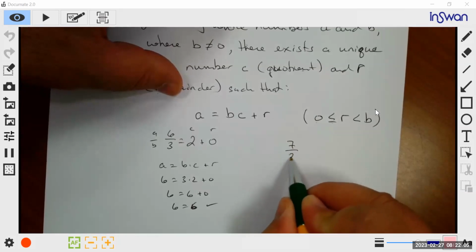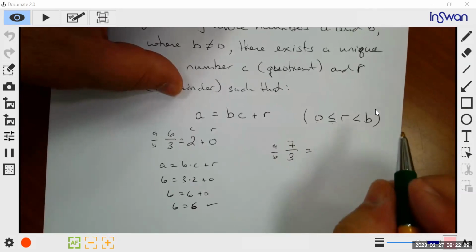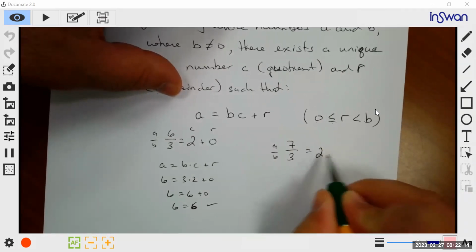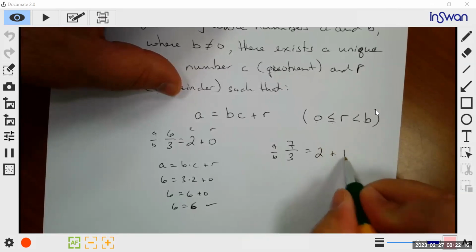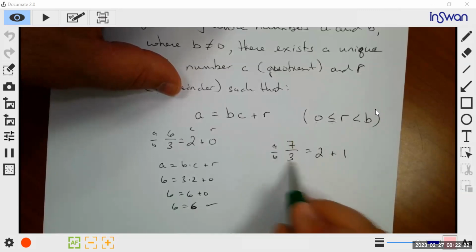7 divided by 3. This is A, this is B. This equals 2 plus a remainder of 1.